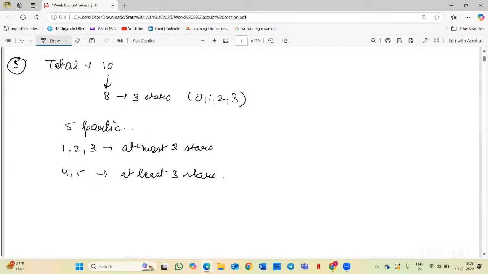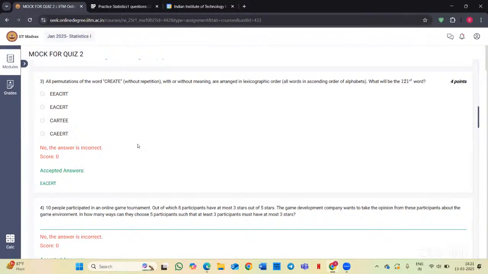Ma'am, is the answer 252? Ma'am, you wrote that 4 and 5 should have at least 3 stars. Where is this written in the question? This is written, right? 5 participants, it said that at least 3 participants must have at most 3 stars. No, it is written, but only 4 and 5.